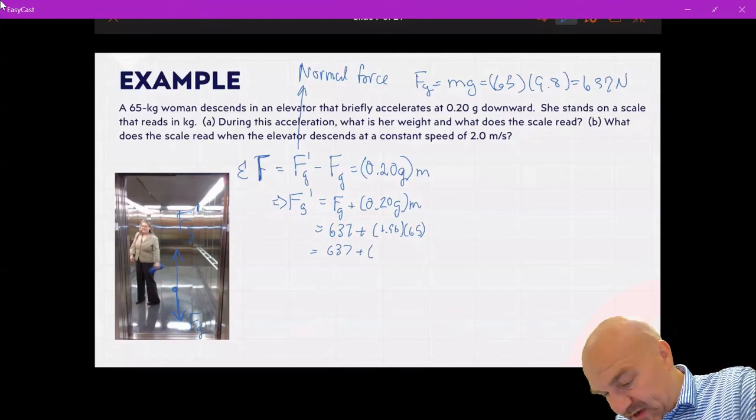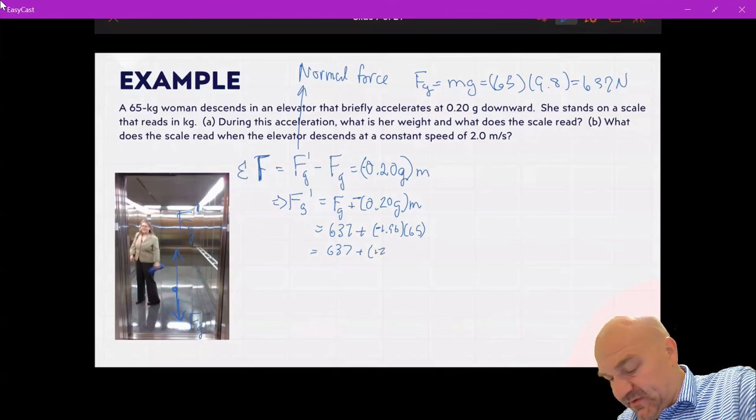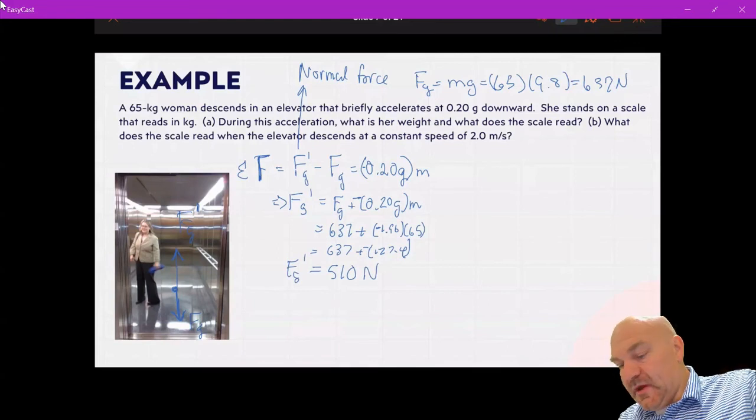This is going to be a downward acceleration, so this is actually going to be a minus. So 65 times 1.96 is going to be 127.4, and it's going to be a minus. So 637 minus our answer. So approximately, the scale is going to read 510 newtons.